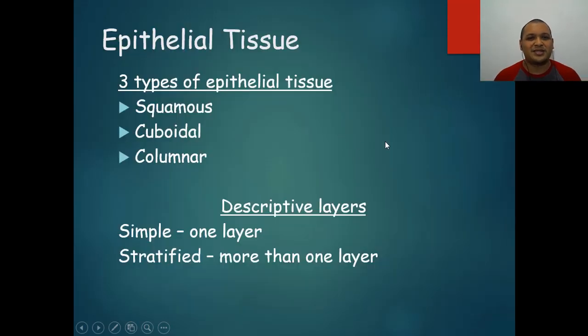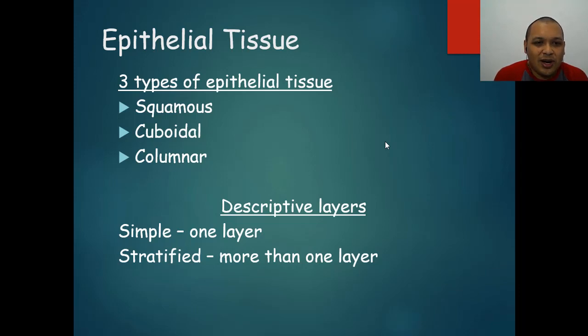Now we'll have epithelial tissue. So epithelial tissue, based on the appearance or based on its shape, can be categorized into three types. The first one is squamous. Squamous is like, what should I say? It's scale-like. So it's like a scale.